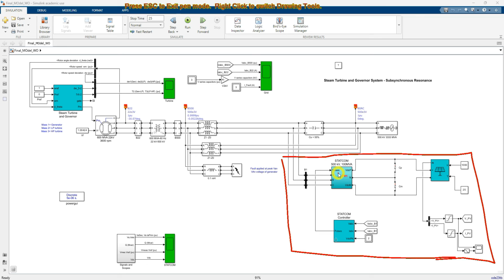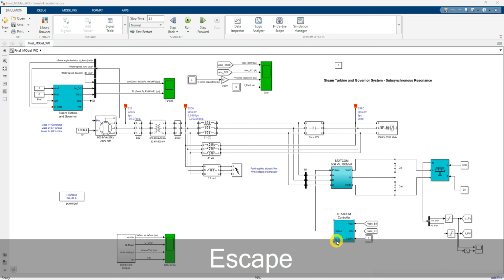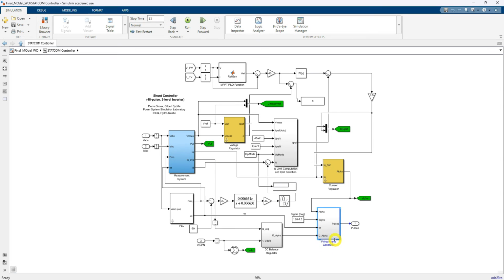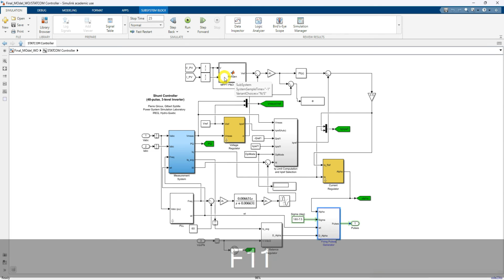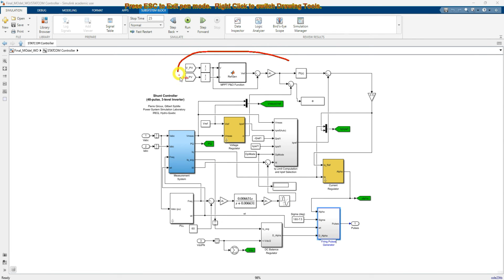Okay, the STATCOM inverter is going to be controlled by means of the STATCOM controller. So we need to measure the voltage and current at this point, and then you have to measure the DC link voltage. Inside that controller we are using the calculation, that means we are applying MPPT for PV.